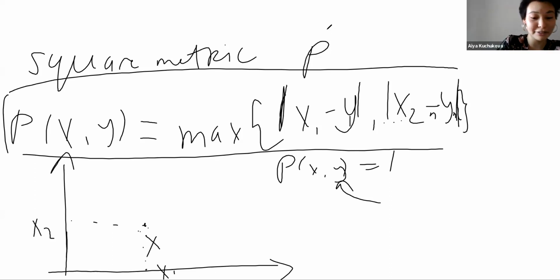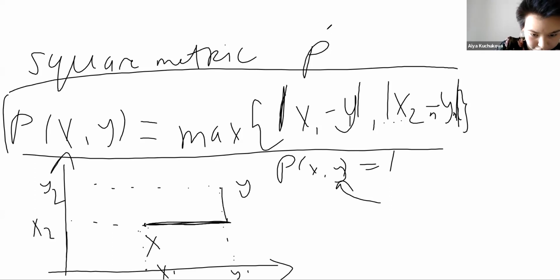Okay, let me give even more. If you have y, and this is y1, and this is y2, we look at this difference and at this difference, and because this is bigger, we say the distance between this point and this point equals this, and we completely forget about this part. That's how we measure distance in this metric.